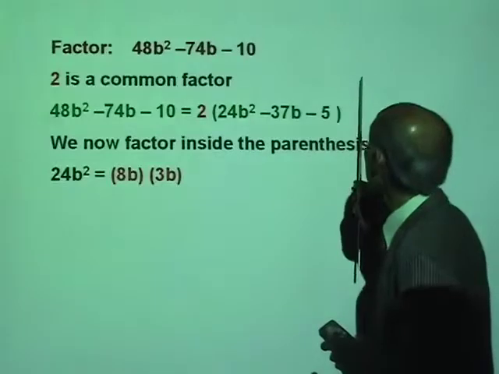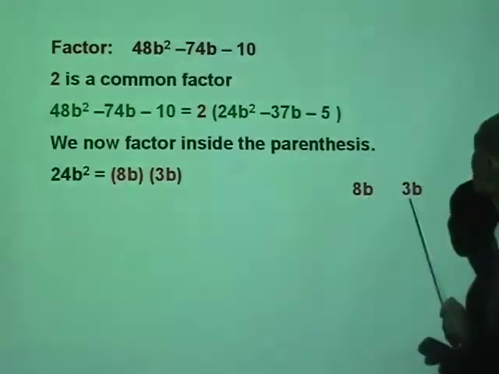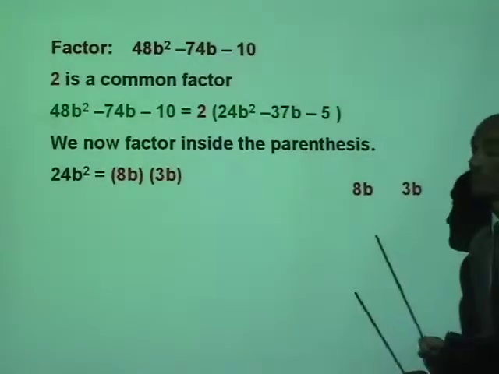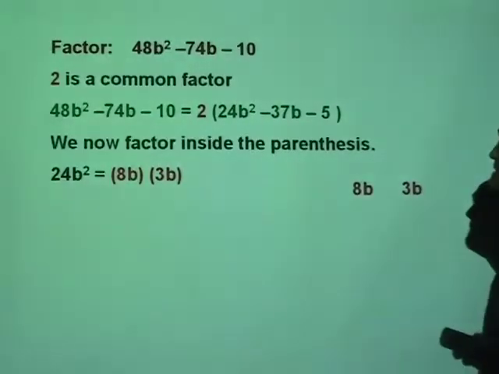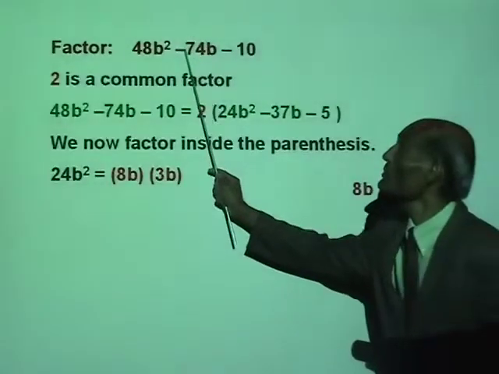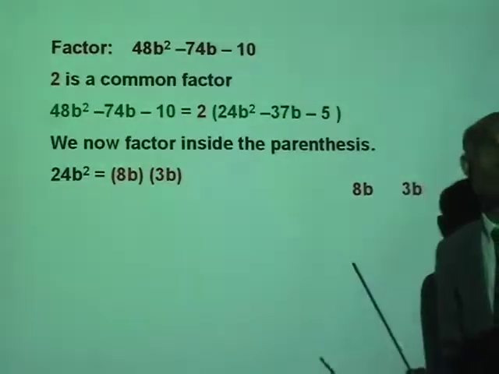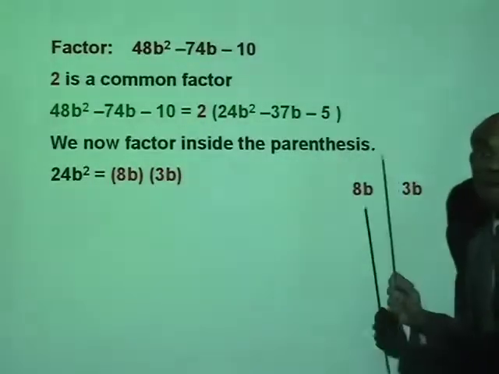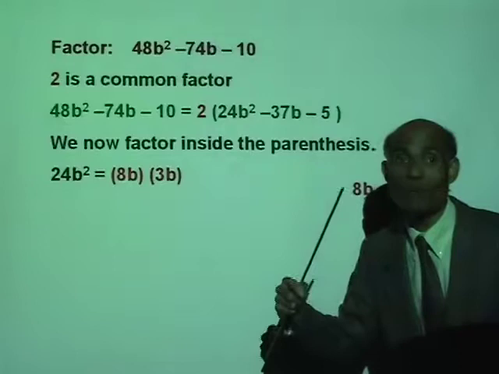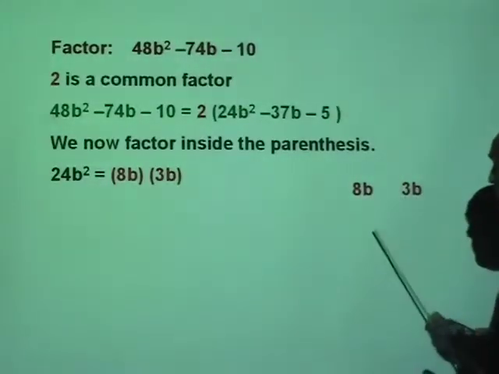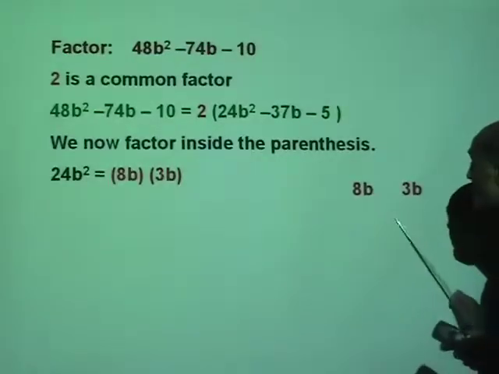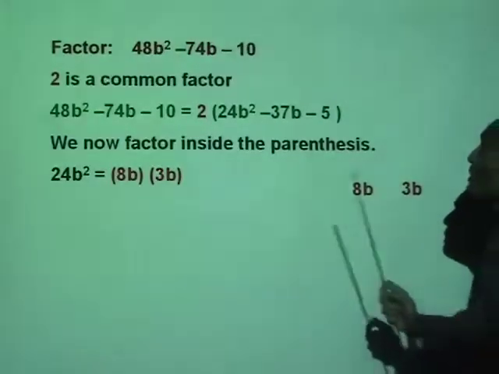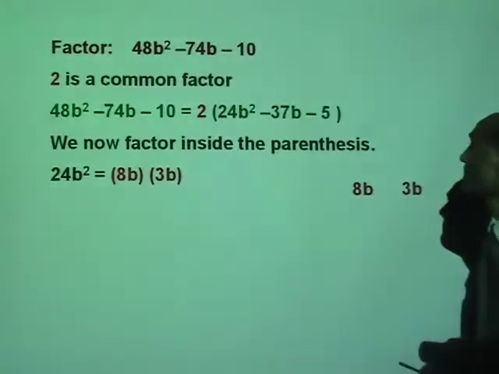Alright, write 8b and 3b as we normally do. What is the next thing? I need to factor the 5. Remember the middle number. Why do you have to keep the middle number in your mind? Because once you write all the factors, multiplying diagonally and adding should give you the middle term.